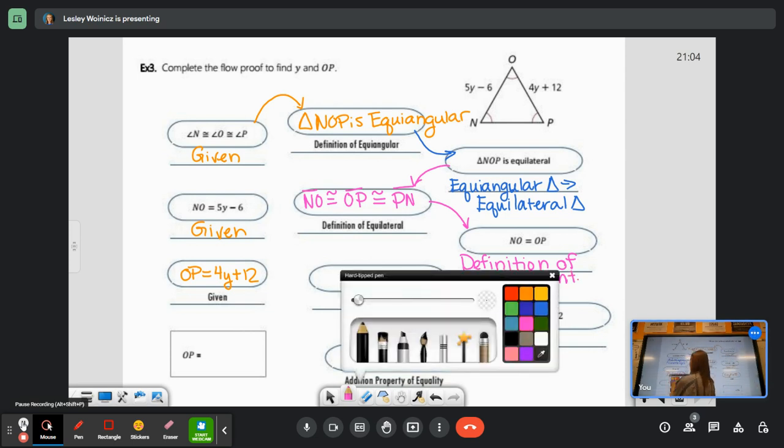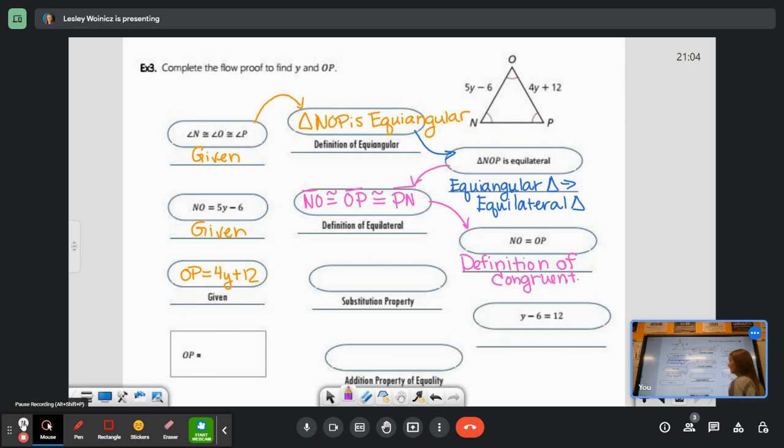Okay, next. We have expressions for NO and OP. We know that NO is 5y minus 6, and we know that OP is 4y plus 12.